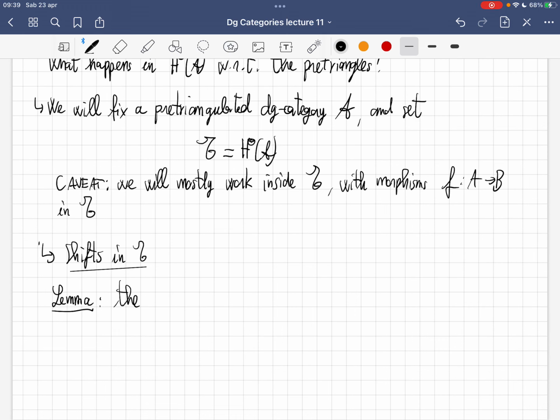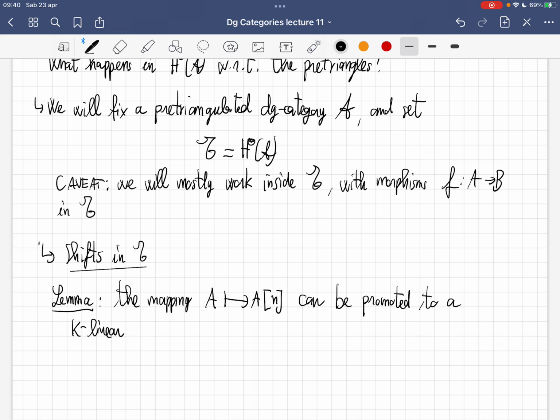Of course, it's strongly pretriangulated, so you can try and map an object to its n-shift, but the important thing is that this can be promoted to a k-linear functor. k is our base field, a base commutative ring. We fixed it in the very beginning of this course.